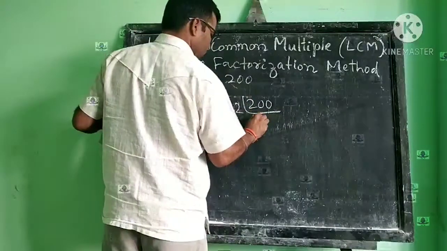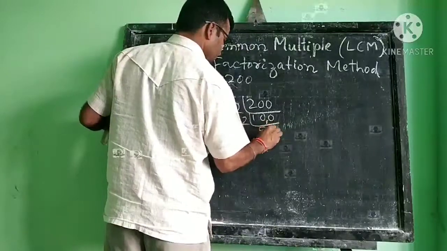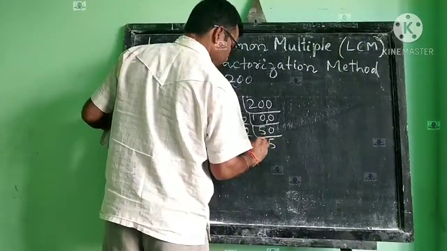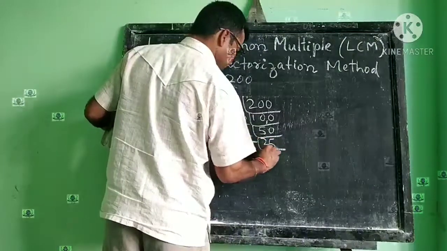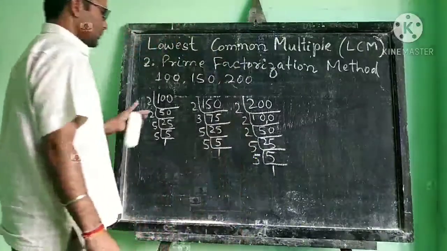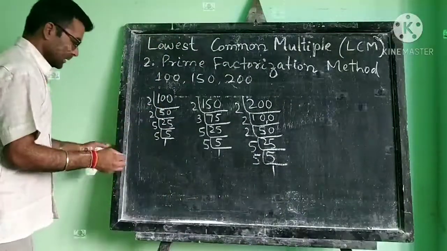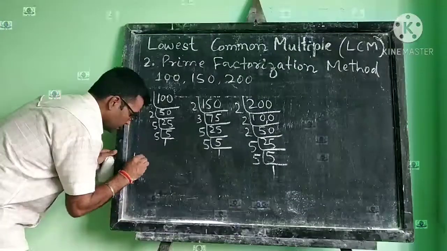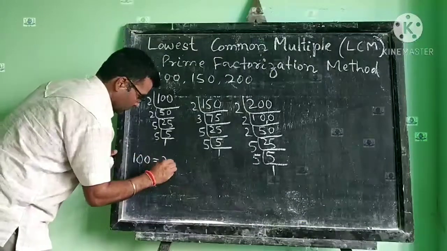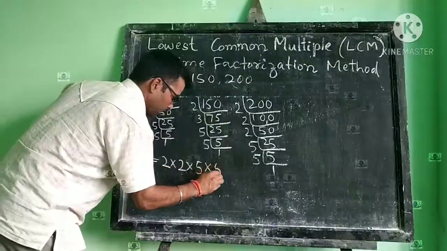2 1s are 2, 2 5s are 10, 2 0s are 0, 2 25s are 50, 5 5s are 25 and 5 1s are 5. So in this way we have found the prime factors of all these numbers. So we can write here 100 is equal to 2 into 2 into 5 into 5.